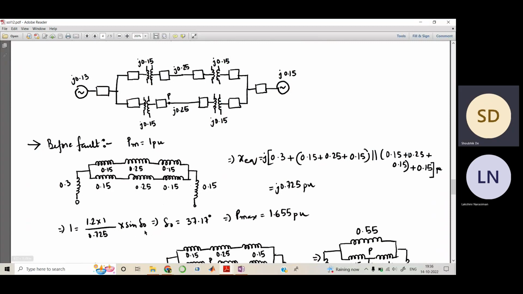Using this information we calculate the value of delta 0, which is 37.17 degrees, and your P max comes out to be 1.655 per unit. So this is pretty simple.